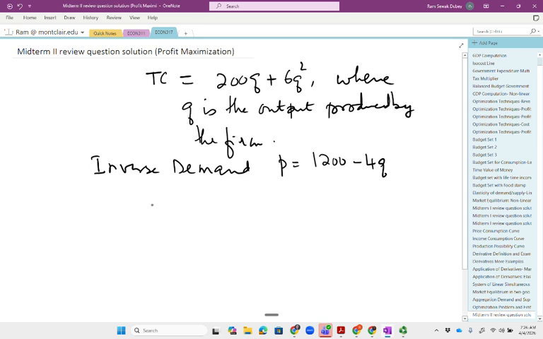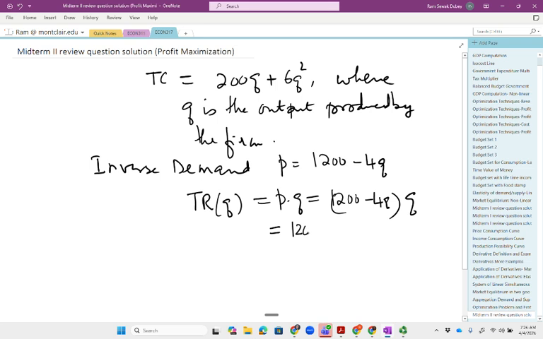Given this, we would like to first find the total revenue the firm earns by selling output Q, which is price multiplied by Q, that is 1200 minus 4Q multiplied by quantity. So I will distribute this term Q to both terms in the parenthesis. 1200 times Q is 1200Q.